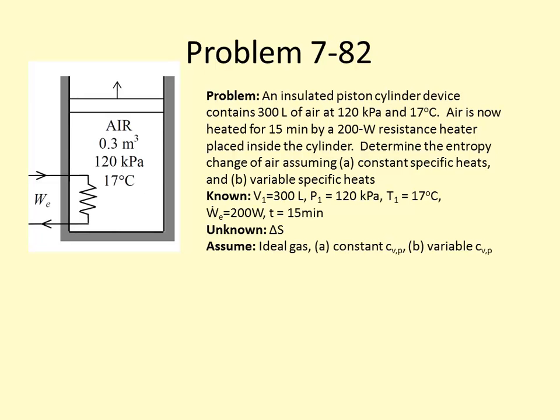Okay. So if T2 is unknown, you have to make a guess. We're making a very educated guess in this case because we already know the final value. So assume C sub P evaluated at 450 Kelvin, which is like the average temperature at the end of the problem. That value is 1.02 kilojoules per kilogram Kelvin.